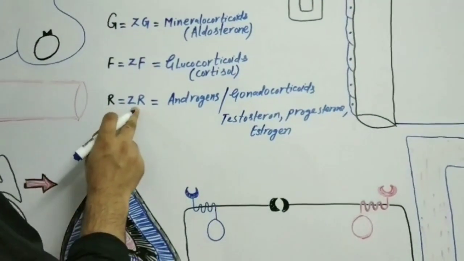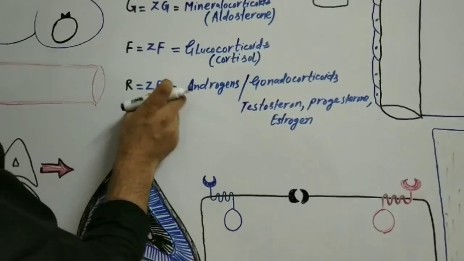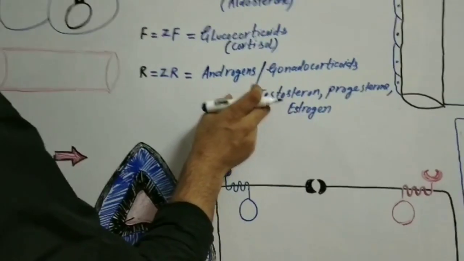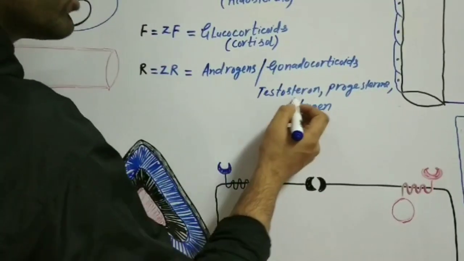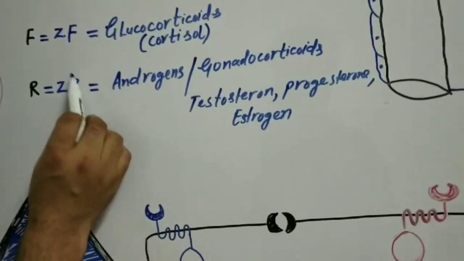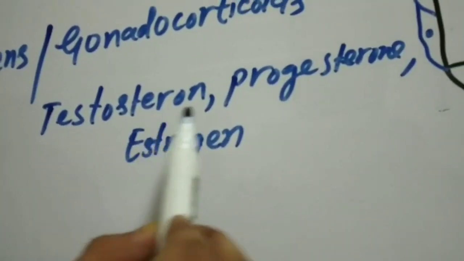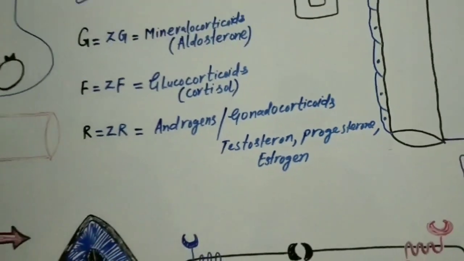Actually, in the zona reticularis, there is the formation of prohormones which can eventually synthesize these hormones. We can say also that there is the formation of precursor hormones for testosterone, progesterone and estrogen.